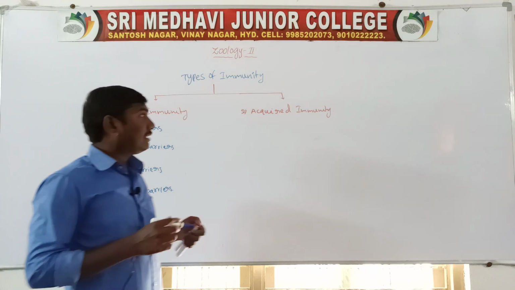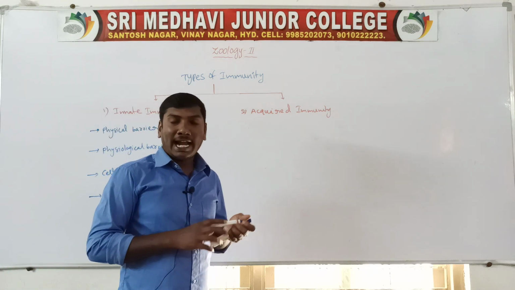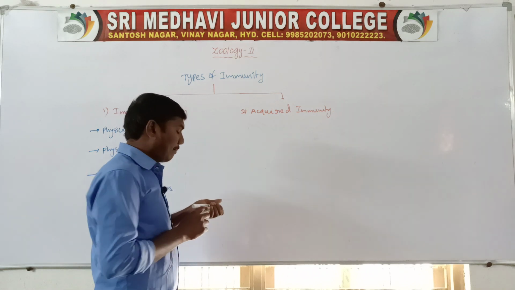Next one, acquired immunity is of two types: active acquired immunity and passive acquired immunity.